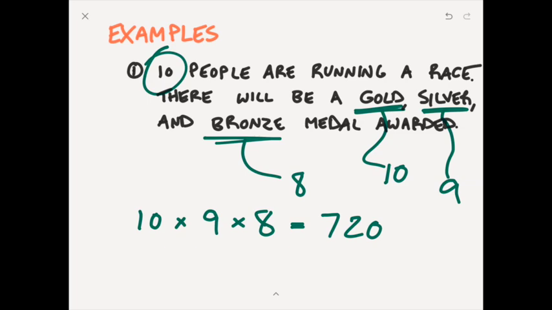And again, this is permutation. So person 1, then 2, then 3, first, second, and third, is going to be different than person 2, then 1, then 3. So we're counting all these different arrangements of people because it's a permutation, because order matters.